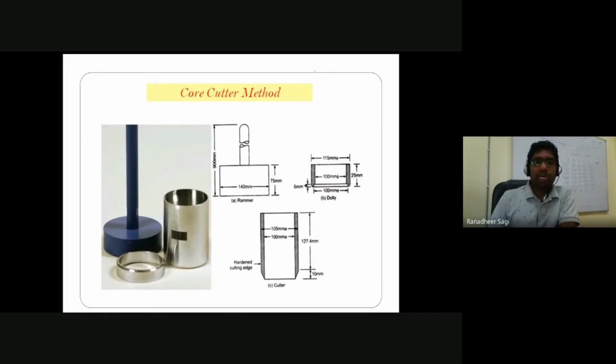Next, moving on to the other type of test, that is the core cutter method. In the case of the core cutter method, we have a hollow cylindrical mold of standard dimension.